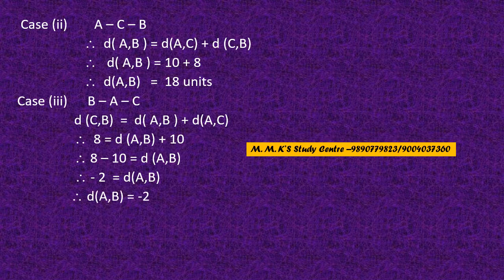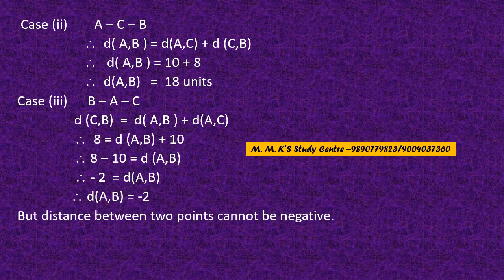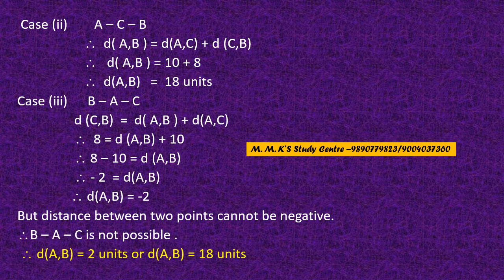That's why distance AB equal to minus 2 is not acceptable, because distance between two points cannot be negative. And that's why betweenness B-A-C is not possible. So there will be only two values for AB: distance AB is equal to 2 units or distance AB is equal to 18 units.